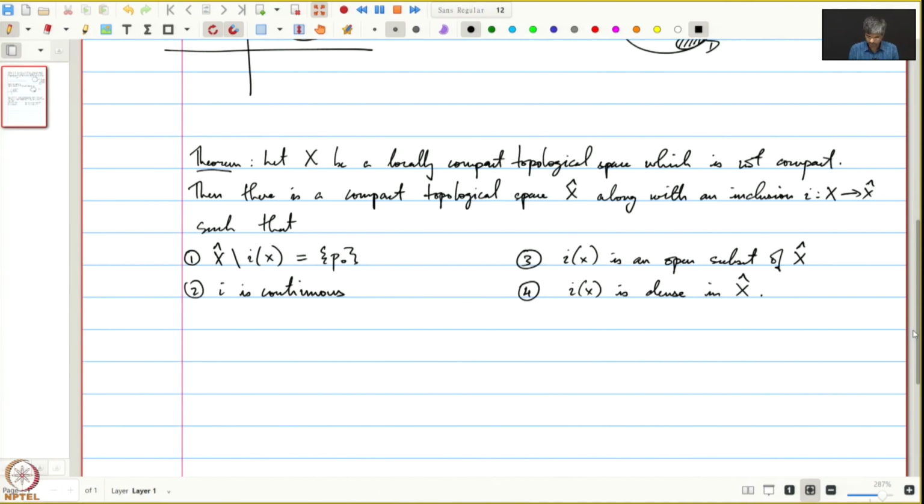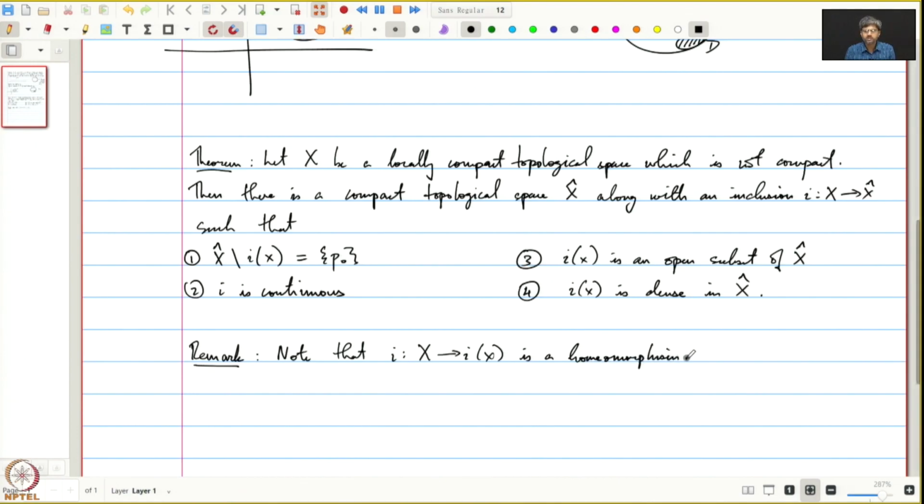Okay, so let us make the following easy remark. Note that I from X to I of X is a homeomorphism. Right?